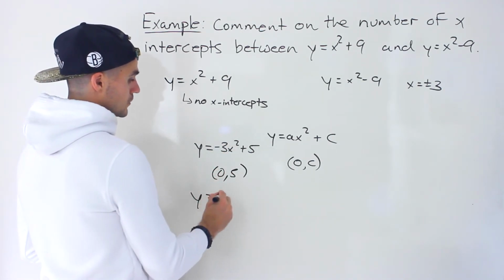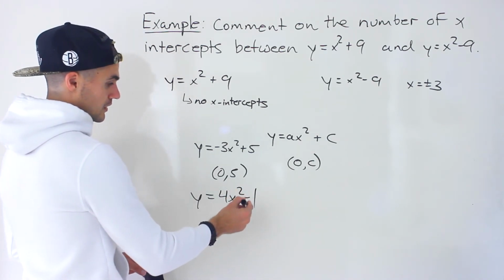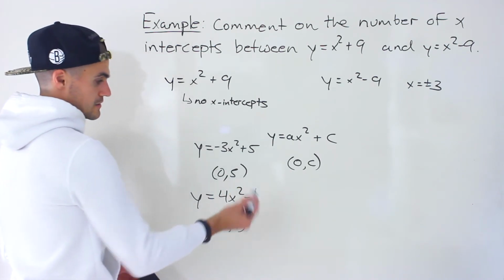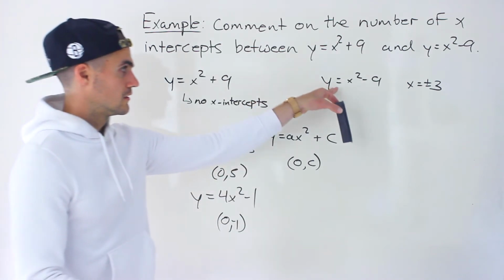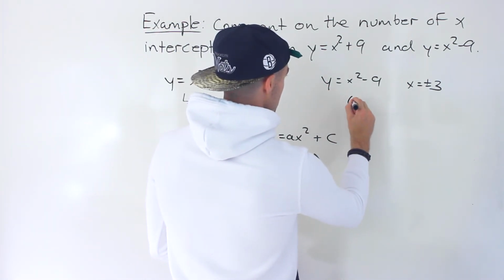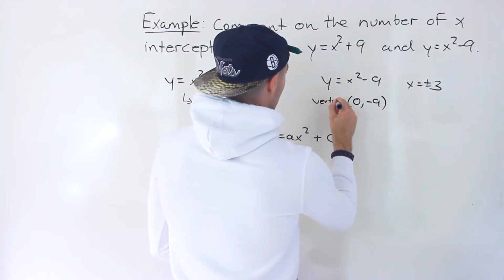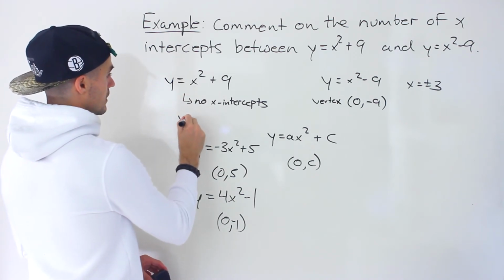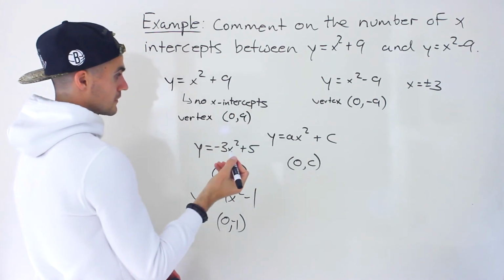If you have y equals 4x squared minus 1, the vertex is going to be 0 and negative 1. So here, the vertex is going to be 0 and negative 9, and with the plus 9, the vertex is going to be 0 and positive 9.